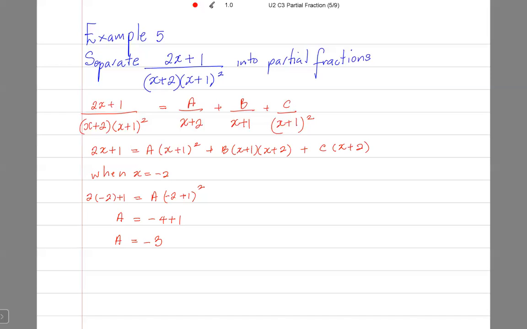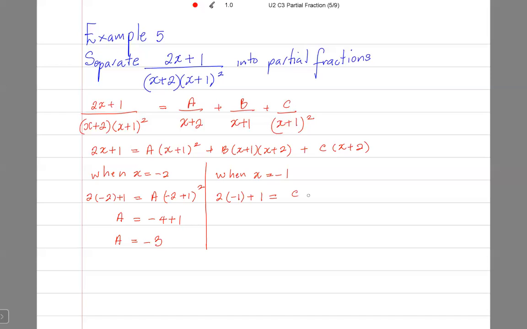Let's get rid of A and B by letting x be equal to minus 1. When x is equal to minus 1, I'm going to have on the left 2 into minus 1 plus 1, equal to, when x is minus 1, A goes and B goes.